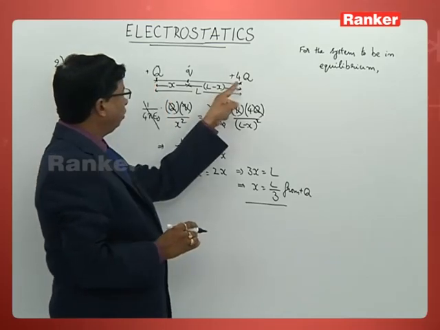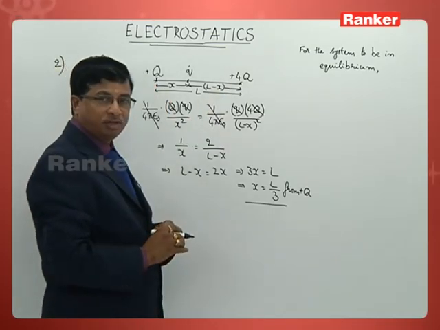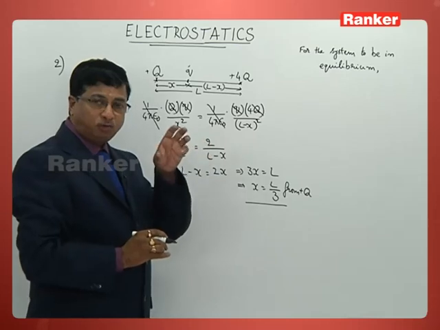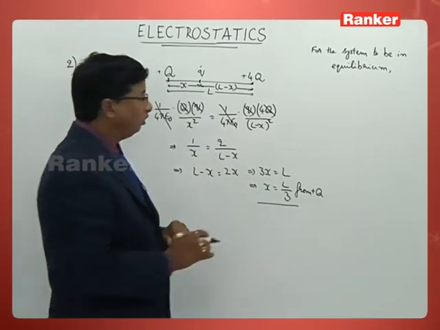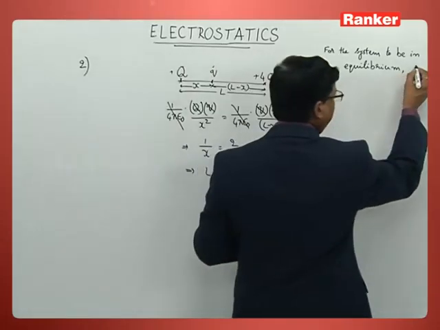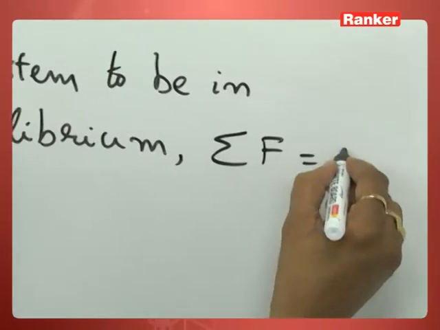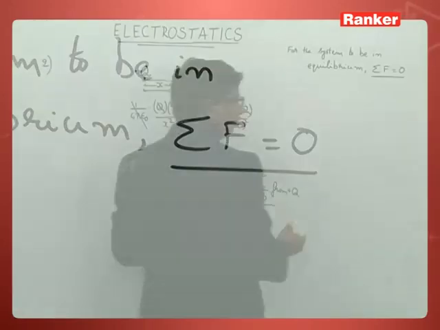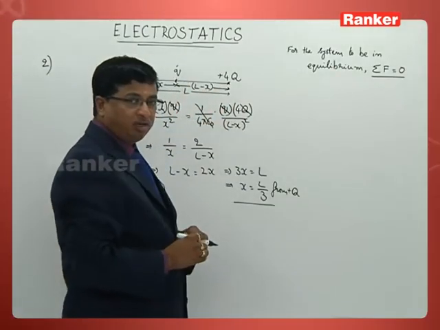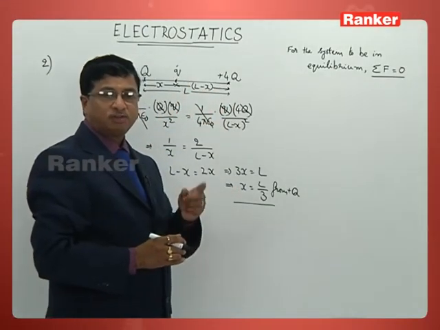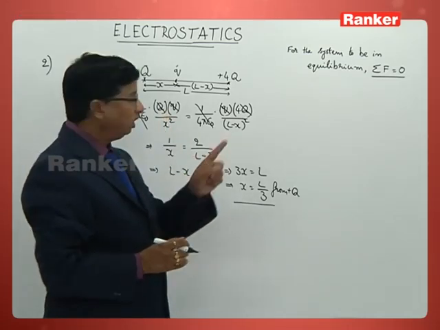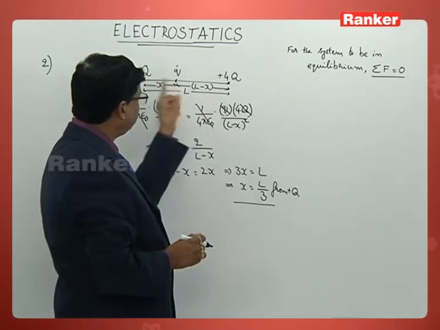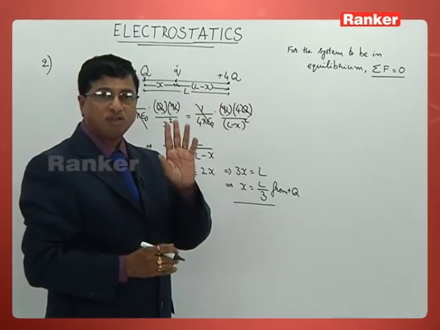Take any one out of the two charges, calculate the effective force on it, and equate that to 0. So what must be the condition there? Sigma F must be 0. What do you mean by sigma F over here? It is the algebraic sum of forces acting on one of the charges out of the three, and that must be 0.